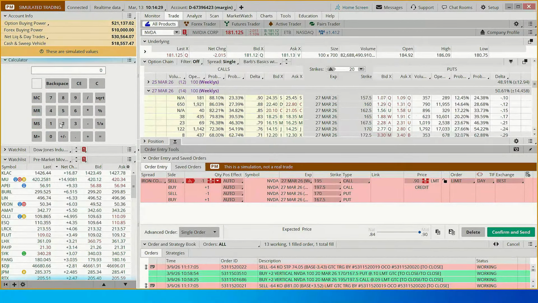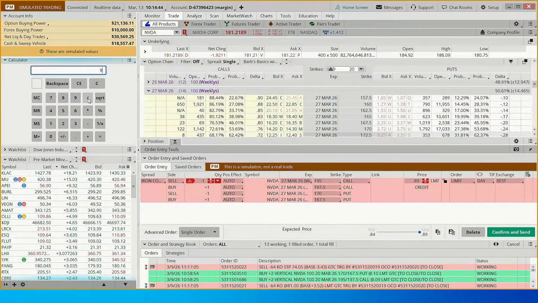So what's 250 minus 90? I'm risking $1.60, and I have the possibility of making 90 cents. So if I take that 90 cents divided by $1.60, that's a 56% potential return.